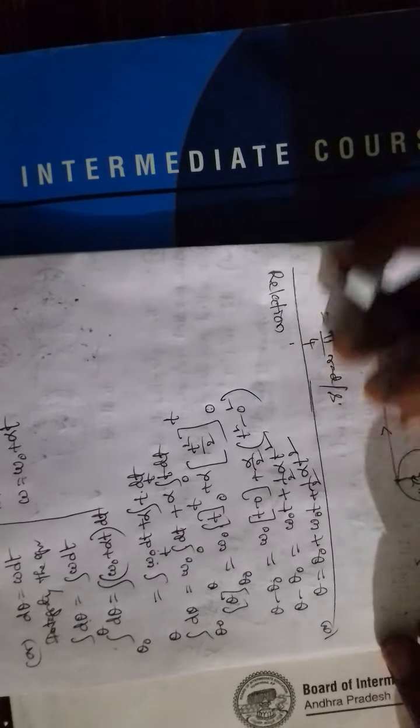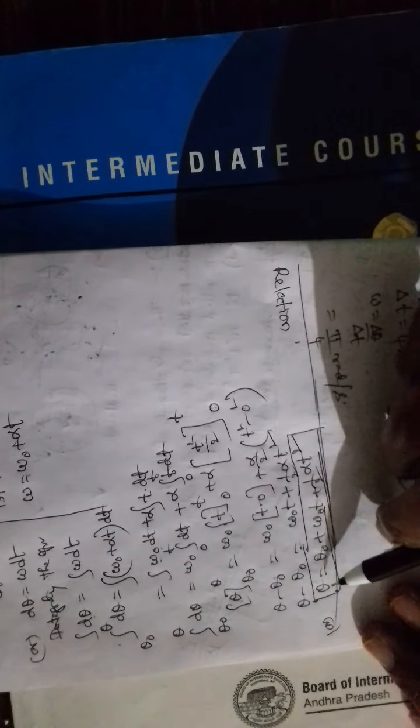We get theta minus theta 0 is equal to omega naught t plus half alpha t square, or theta is equal to theta naught plus omega naught t plus half alpha t square. So this is the second kinematic equation.